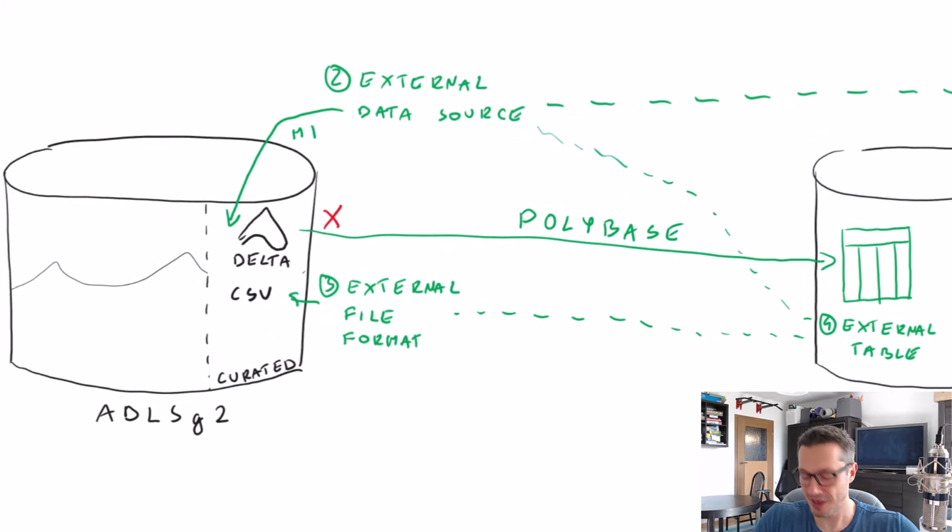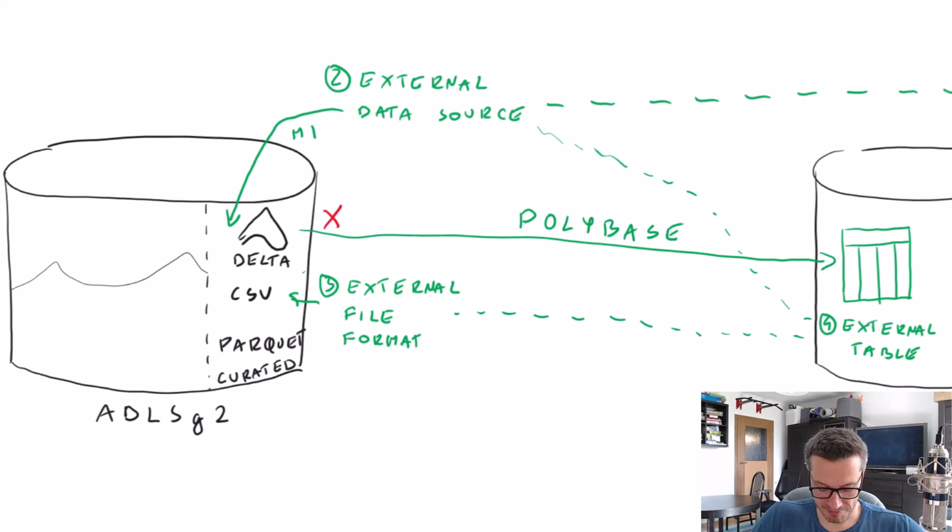Let's try to make this work. So maybe instead of Delta, which is not supported, instead of CSV that is not created in a proper way, let's try to use Parquet files. And actually Parquet is a way better choice than a CSV because Parquet files contain the schema already as a part of a metadata.